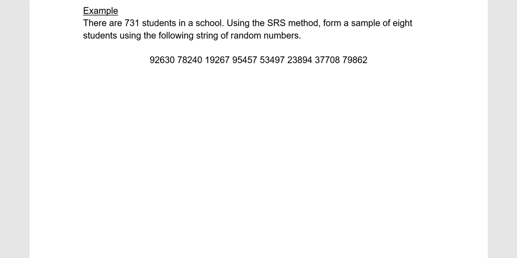So there are 731 students in a school. Using the SRS method, form a sample of 8 students using the following string of random numbers. So we have 731 students and we want 8 random students for a sample.